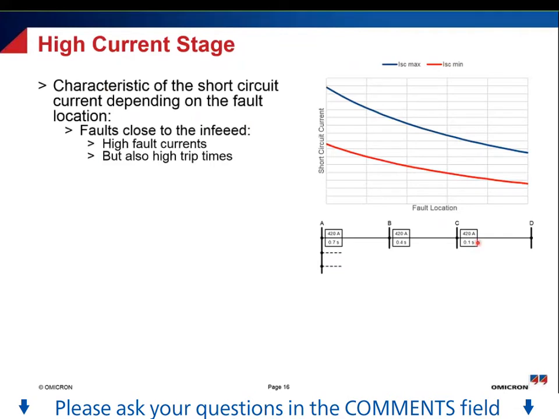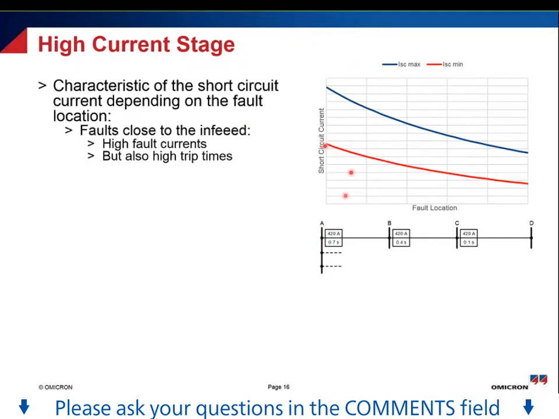And now if we have a look at the short circuit currents, we see that, for example, the short circuit currents will get bigger and bigger the closer we get to our in-feed or to our bus bar A.